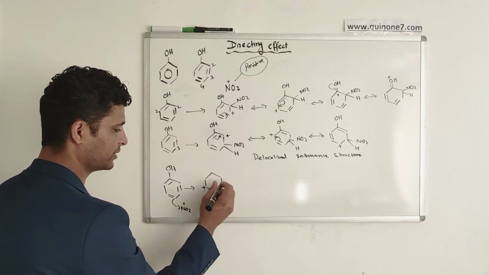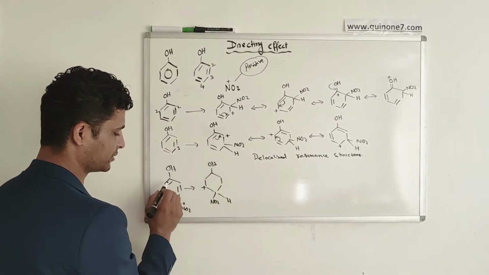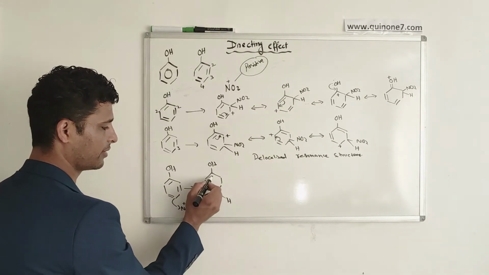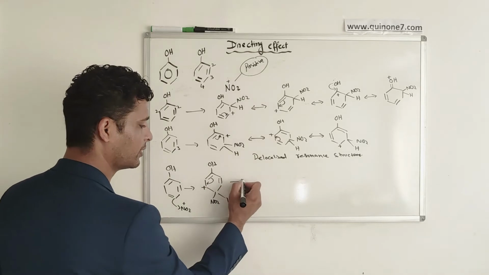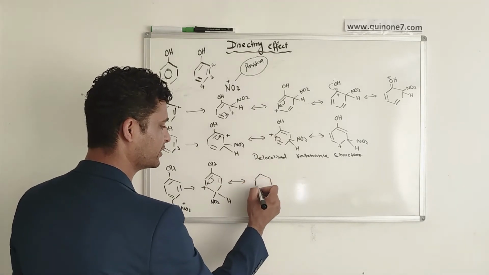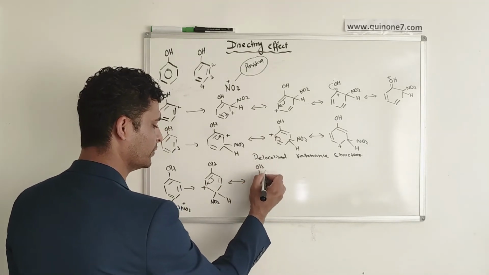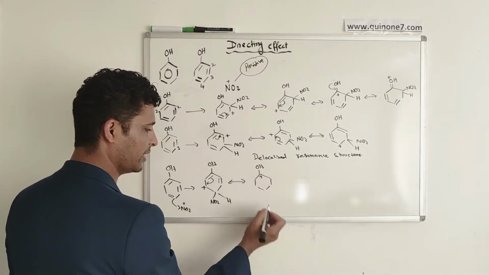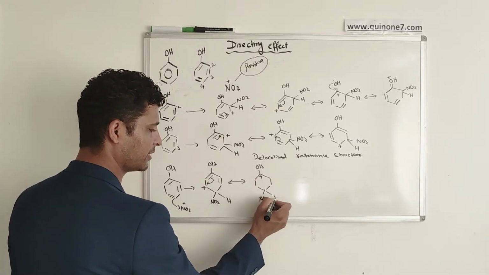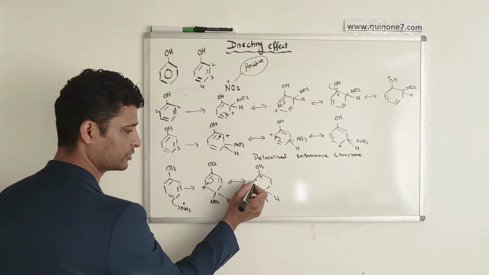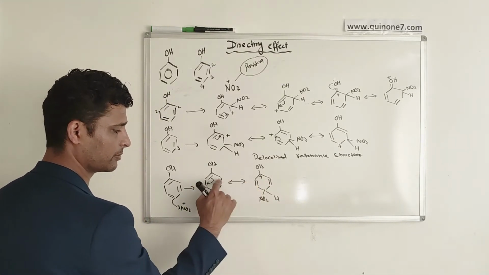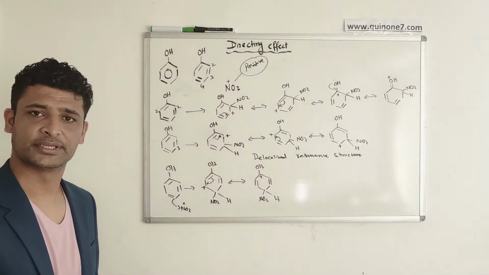NO2 stays as it is, OH stays as it is. Those 2 double bonds will stay as they are. Now this double bond will come here to show further resonance, and the positive charge will appear there. You have NO2 there and hydrogen, and because this is transferred there, a double bond will appear there, and this double bond stays as it is.